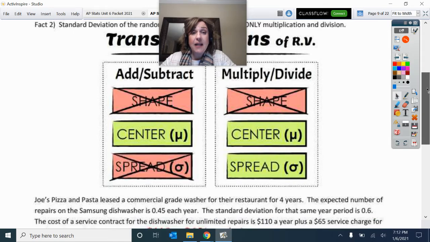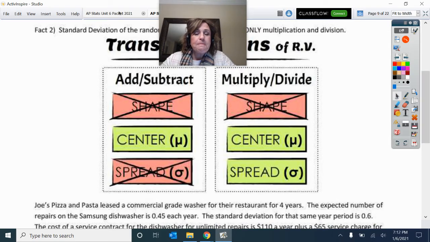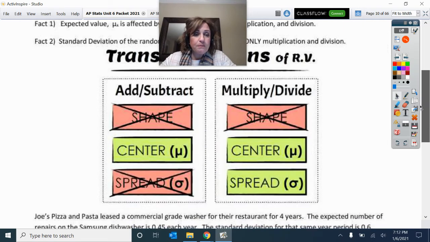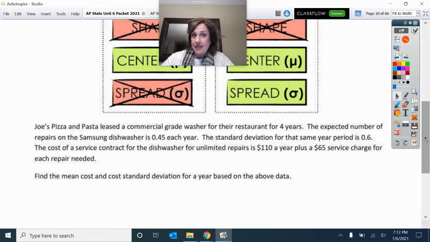So let's take this and apply it to context. We've got this problem with Joe's Pizza and Pasta. If you have this business, you want to be able to make these types of predictions and budget properly. This company has had its commercial grade washer for the restaurant for 4 years.